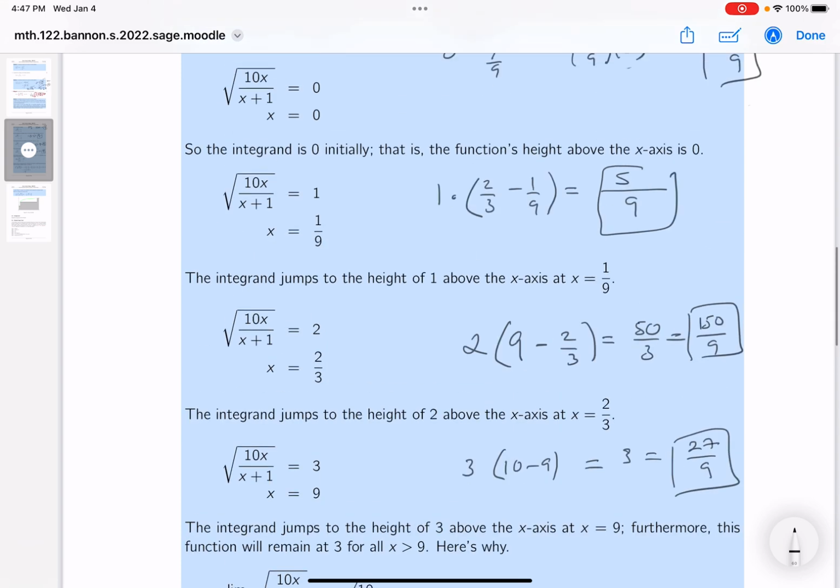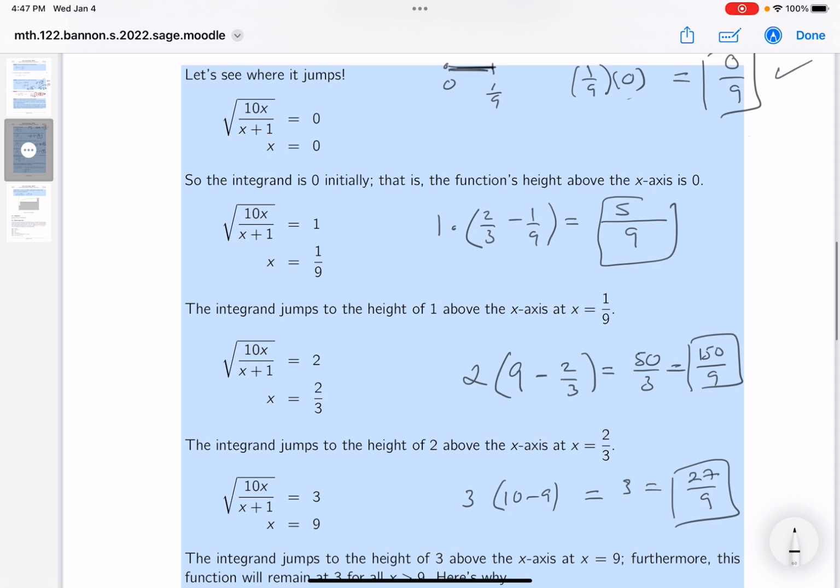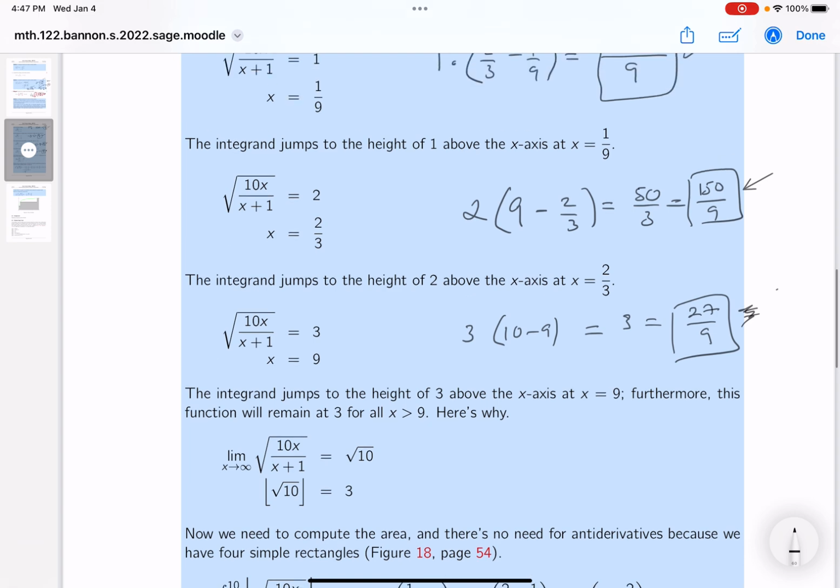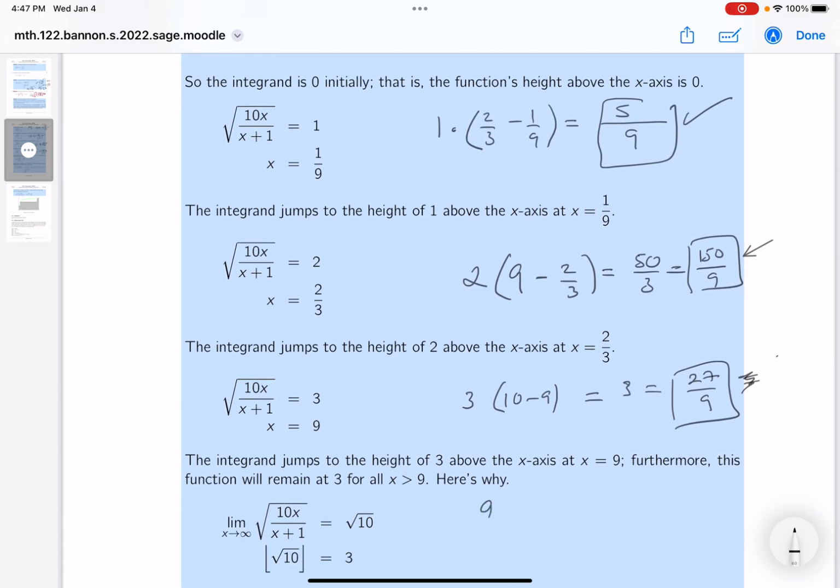All right. So first rectangle, 0/9. Then 5/9. Let's see. That's going to be 5/9, and 155/9. Let's see, 62, 72, 82, 182. Whoops, sorry about that. Let me write them down. So what do I have over here? 0/9. Whoops. Get my eraser out again.